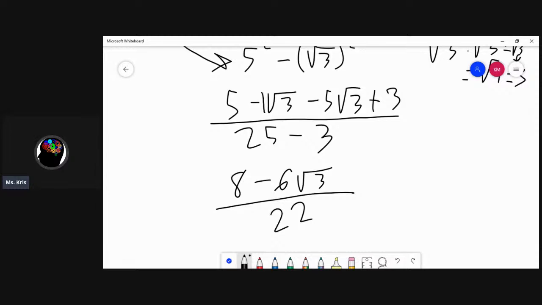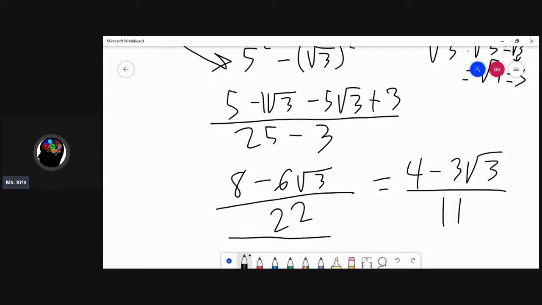Now, if you want to simplify it further, you can divide everything by 2, because with fractions, of course, you can simplify by dividing everything by 2. So if I divide everything by 2, that leaves me with 4 minus 3 square root of 3 all over 11. I will accept this or this answer, depending on what the question asks.